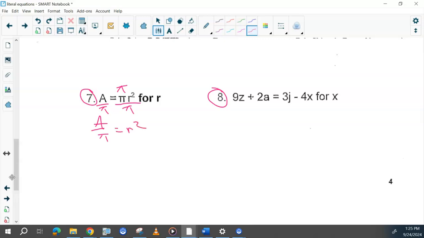And then yes, you would take the square root of both sides so that the square root and the square cancel on the right, just leaving r. Questions?